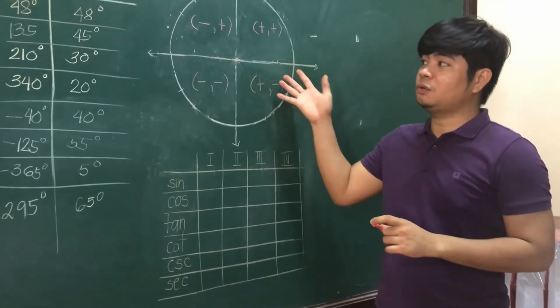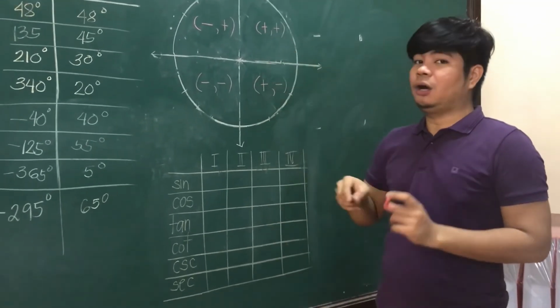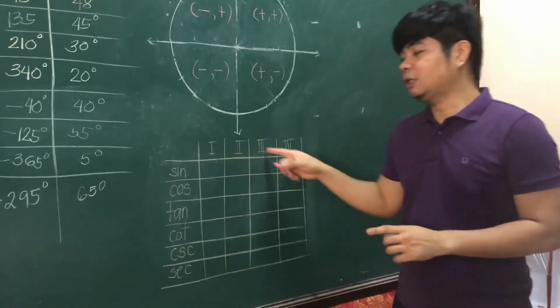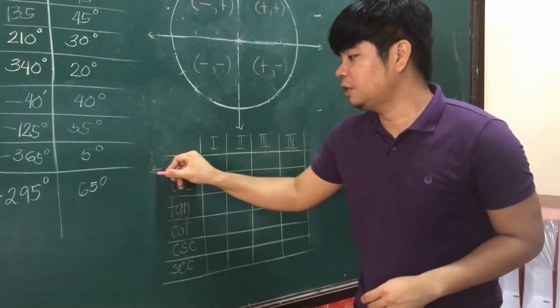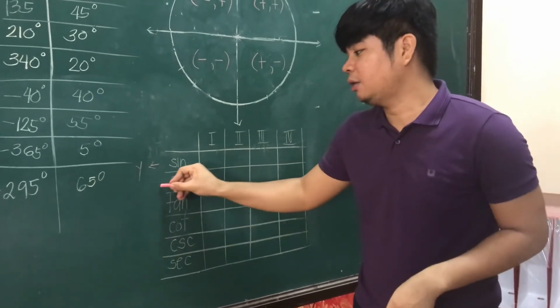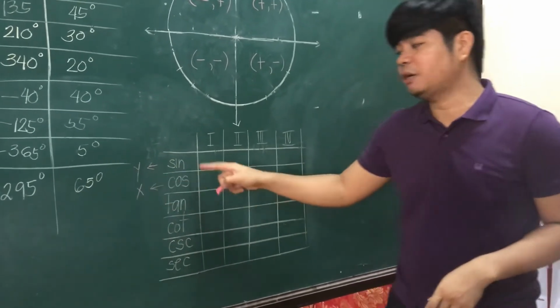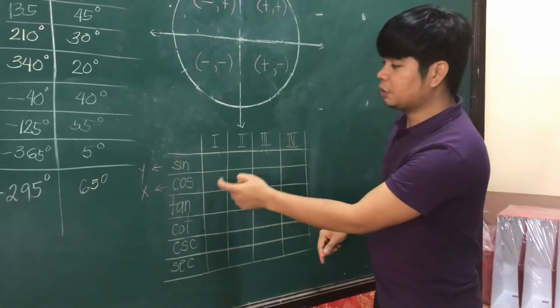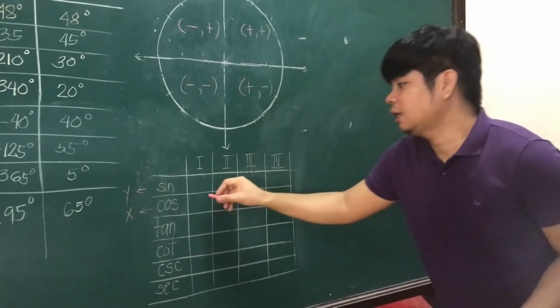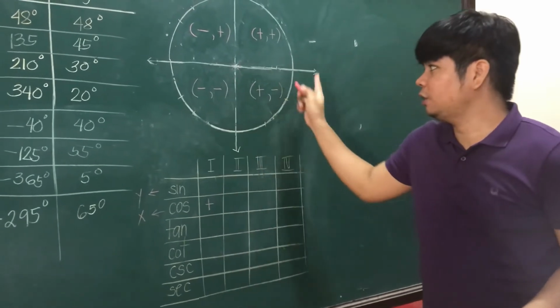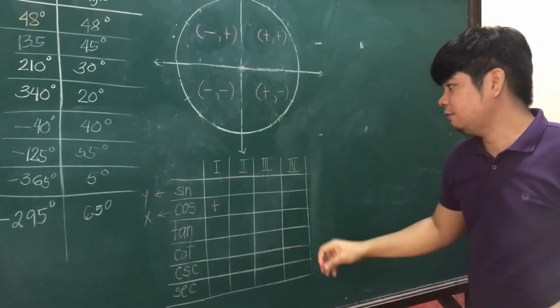Now, we need to understand the sign of each trigonometric function. So, with regards to coordinates, where can we find it on particular quadrants? Okay? We know that sine function in the unit circle refers to y, and cosine refers to x. So we start from these two. In quadrant 1, we know that cosine is positive, and also in quadrant 4, positive and positive.